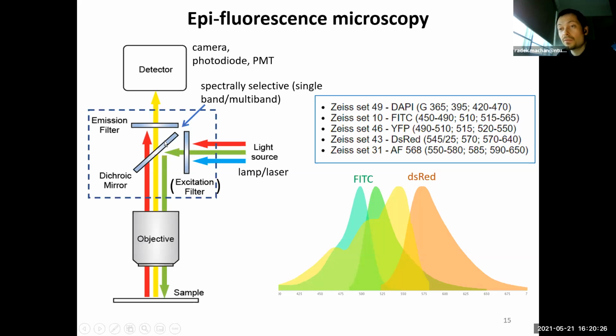That gives you more freedom, so you can combine them arbitrarily. For example, in case you have fluorophores with different Stokes shift, you can use the same excitation filter but different emission filters.